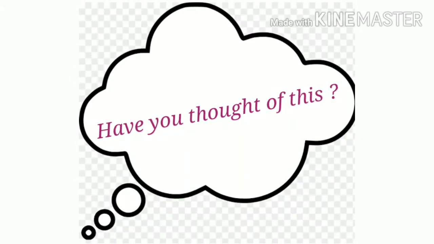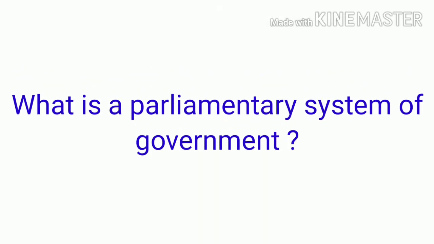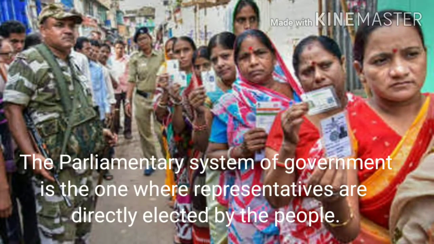Now, before moving on to the lesson, students, have you ever thought of these questions? First question. What is a parliamentary system of government? Well, the parliamentary system of government is the one where representatives are directly elected by the people.